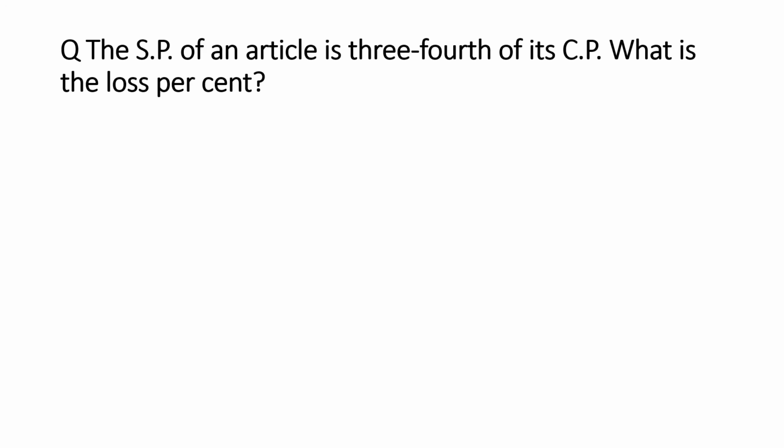Moving to the next question, the SP of an article is 3/4 of its CP. What is the loss percent? Now, in this question, a relation between SP and CP is given to us. Whatever the value of CP, the SP is 3/4 of the CP. So, my dear students, in this type of question, when an exact number is not given to you, you can assume it as 100, 10, 1000, whatever value, as well as any variable X, Y, Z. So I am taking in this question, let CP of the article be rupees 100.